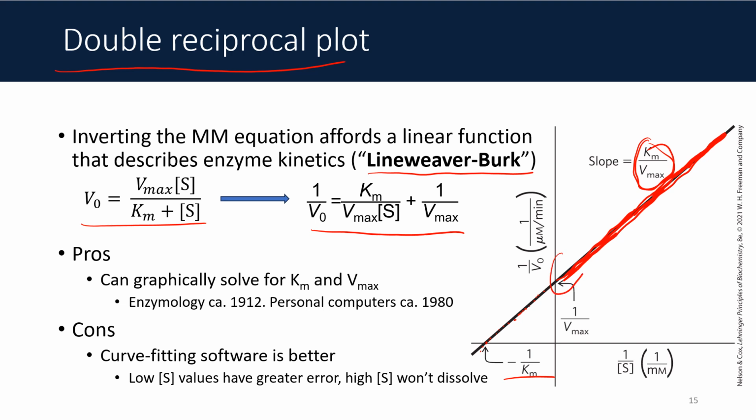And the extreme points of the Lineweaver-Burk plots are going to be very susceptible to error in particular because you're taking the reciprocal of your measurements along with the errors of those measurements, but we'll get more into that later. I just want you to be aware of the double reciprocal plots. I think it's mentioned on the MCATs, but in lab and in practice, you're probably never going to use it.